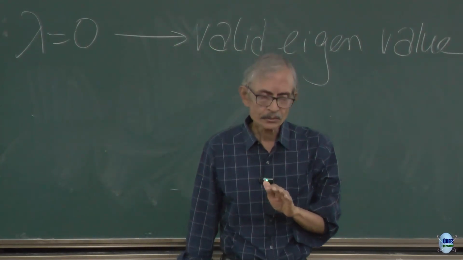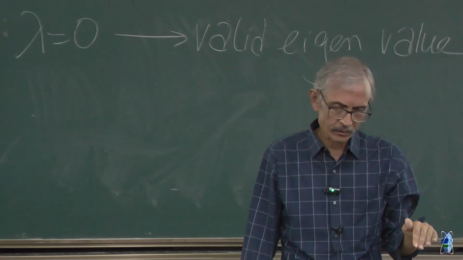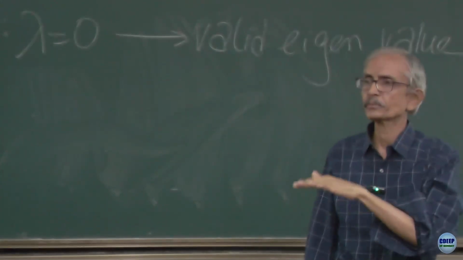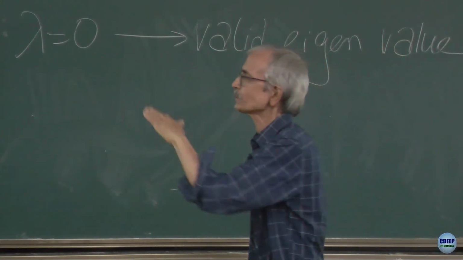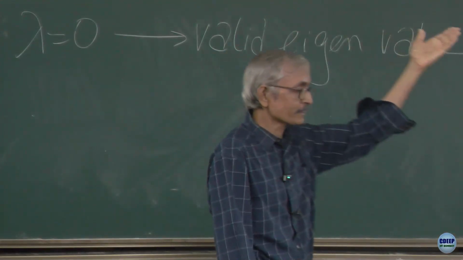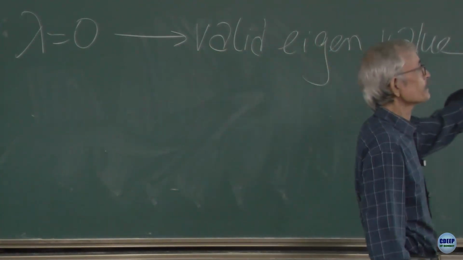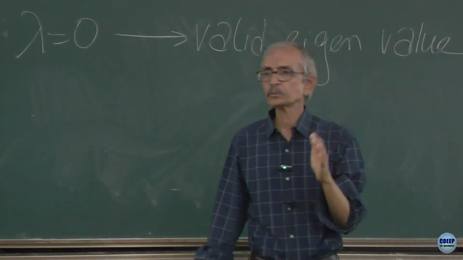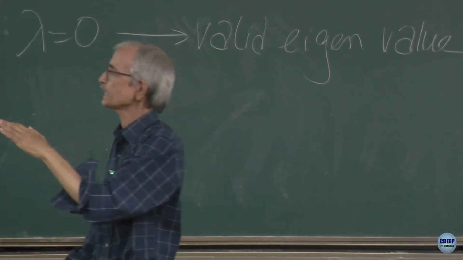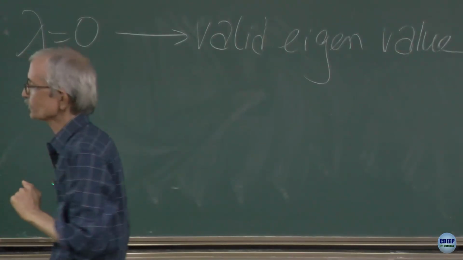The algebra is all given up here, and I'm not going to repeat it, but you can go through it. I don't know, there may be a case on the exam where this one also ends up with a non-trivial solution. I have no idea, but all I'm saying is that you need to do the algebra. We have done the algebra n number of times now, so we are not going to do that.